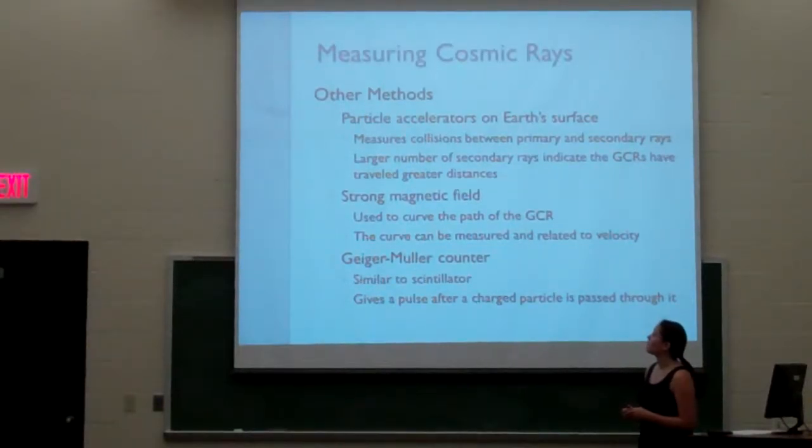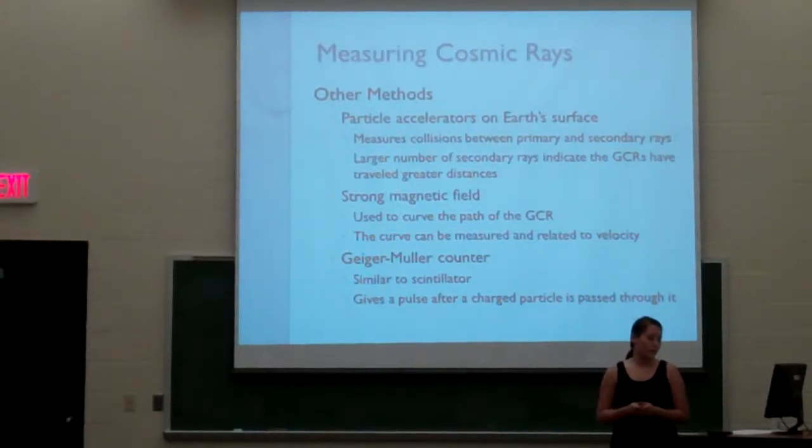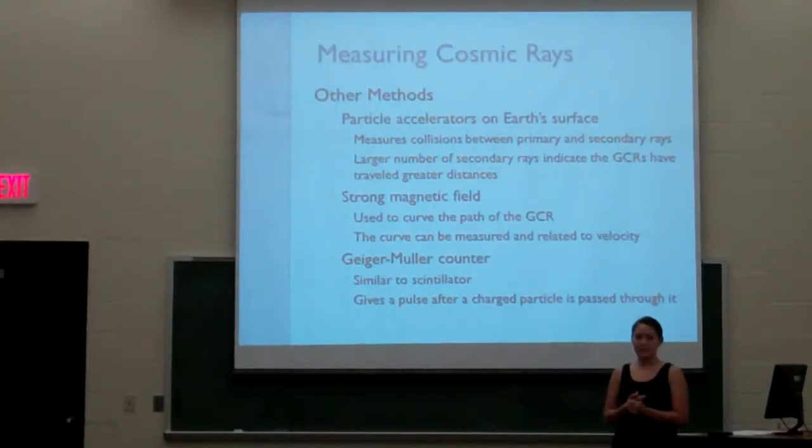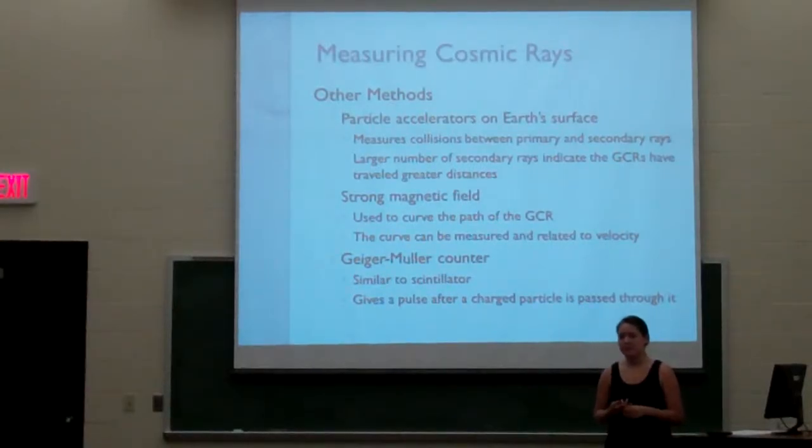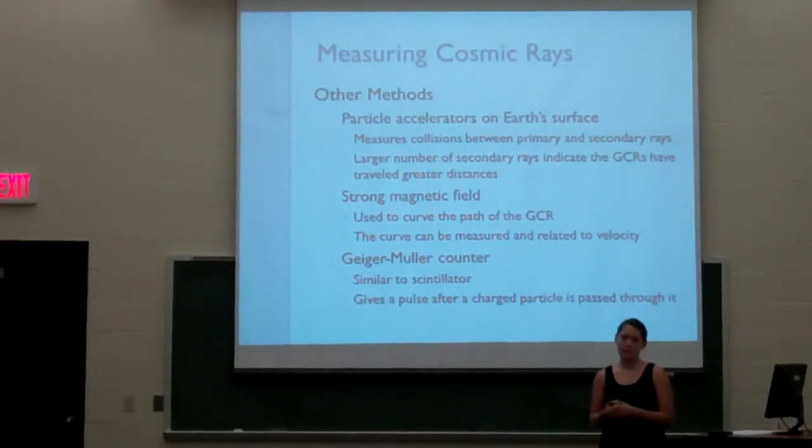We also use particle accelerators on our surface to measure galactic cosmic rays, and they measure the collisions between primary and secondary cosmic rays. A larger number of secondary cosmic rays indicates that the GCRs have traveled farther, because secondary rays are formed when the primary rays collide with other nuclei and split into smaller pieces.